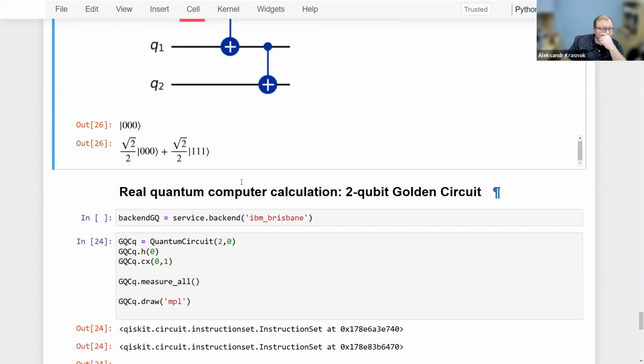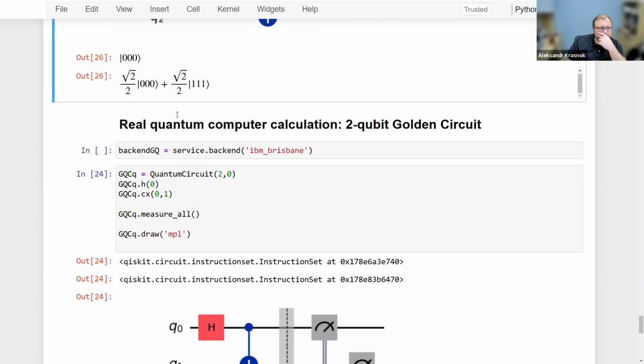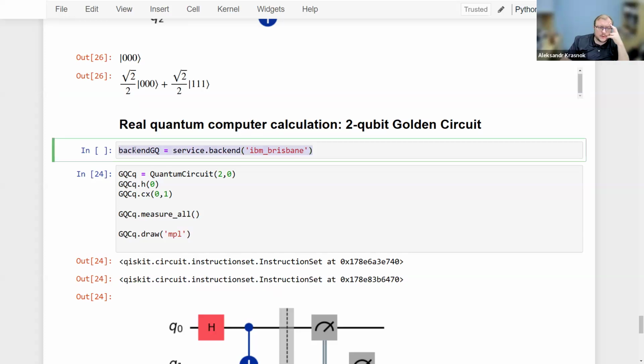All right, so let us discuss finally how to simulate a real two-qubit golden circuit using a real quantum computer. To do so, again, we choose the backend, right.